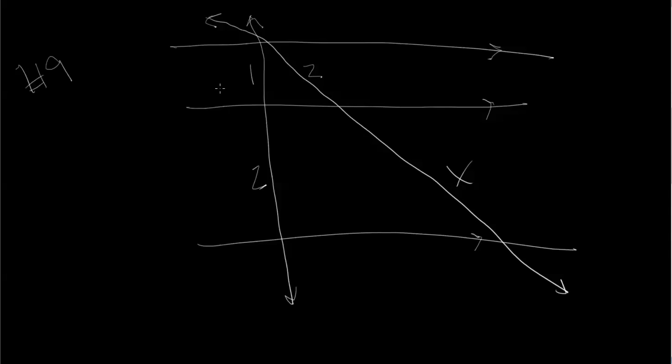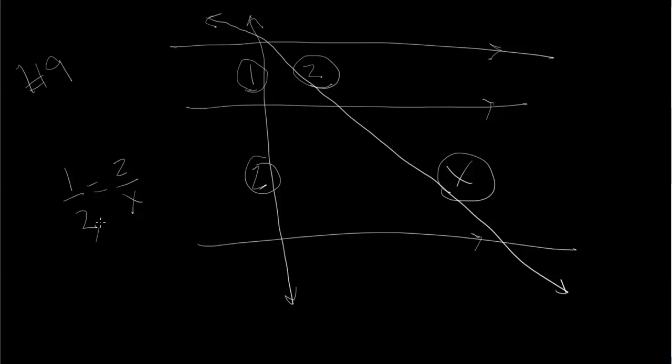So we're going to compare things that are the same. I am going to compare the distance in the top of this line to the distance of the bottom of this line, 1 over 2. And on this line, I am going to compare the top of the line to the bottom of the line. If I cross multiply, I get 2 times 2 is 4, and 1 times x is 1x, or I can just say x.